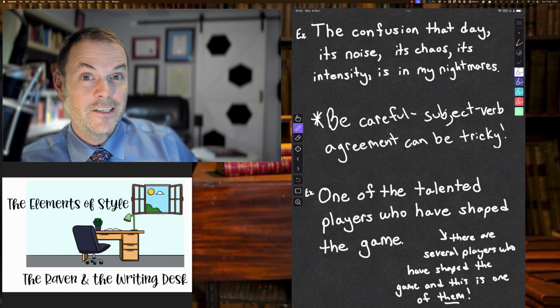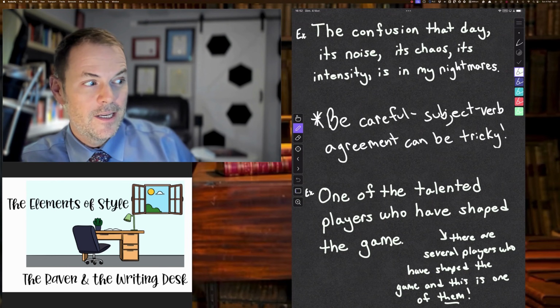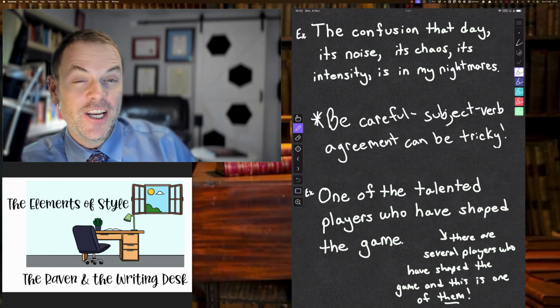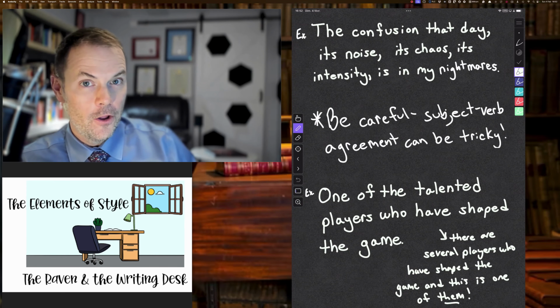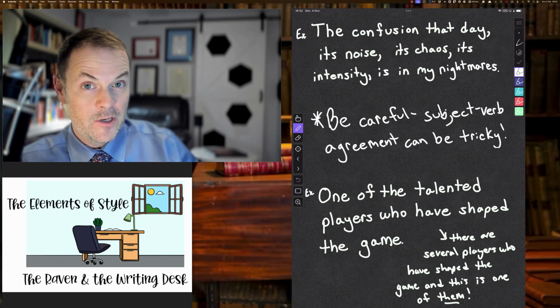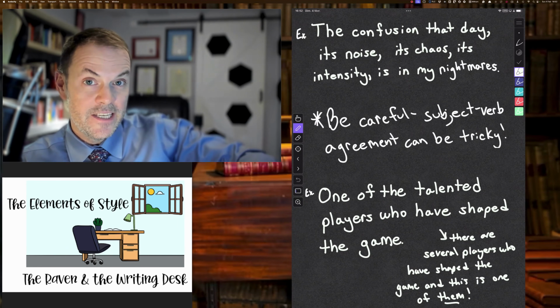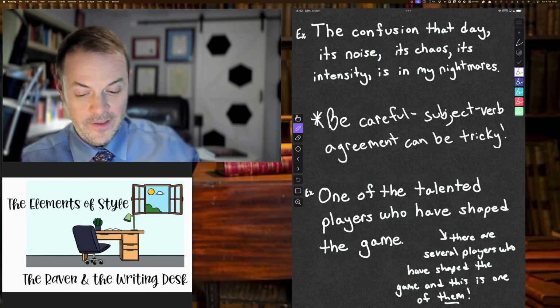Now, this is where it can get really tricky. Listen to this sentence. One of the talented players who have shaped the game. A lot of you are thinking, okay, I wrote it down incorrectly and now I'm about to make the correction. This is correct. This even fooled Google Docs when I was doing my script for this.